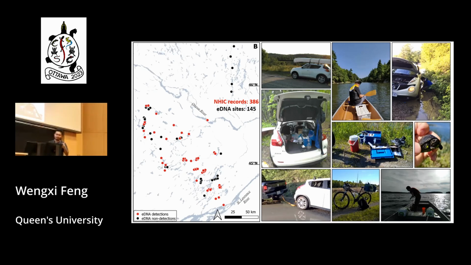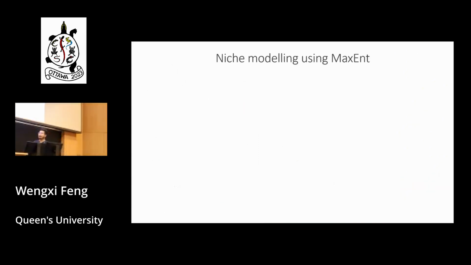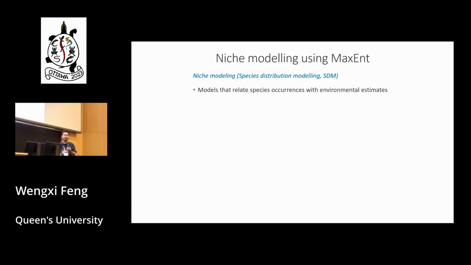So with the NHIC data set and the environmental DNA data set, we started to explore how the additional eDNA detection can alter our understanding of their distribution. That's where we use niche modeling using MaxEnt. MaxEnt is a commonly available algorithm that relates environmental variables and the distribution of a species, trying to find a correlation.